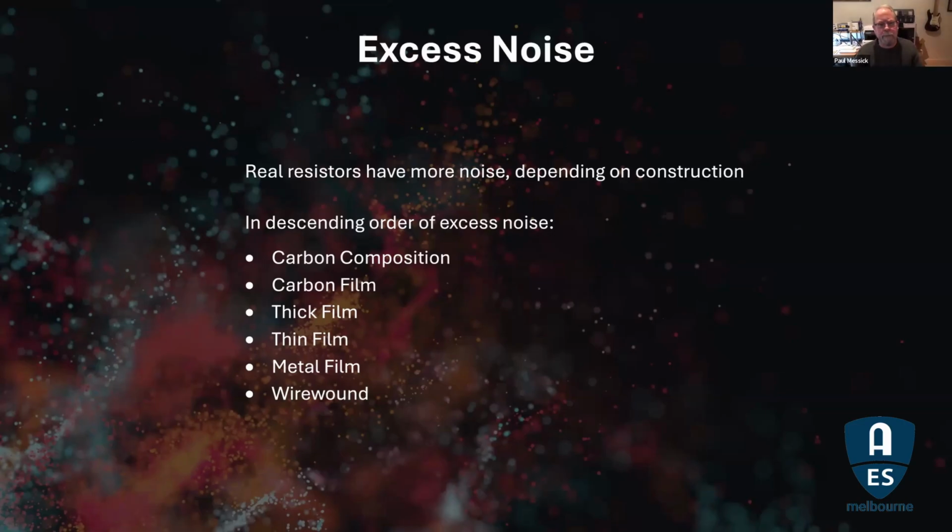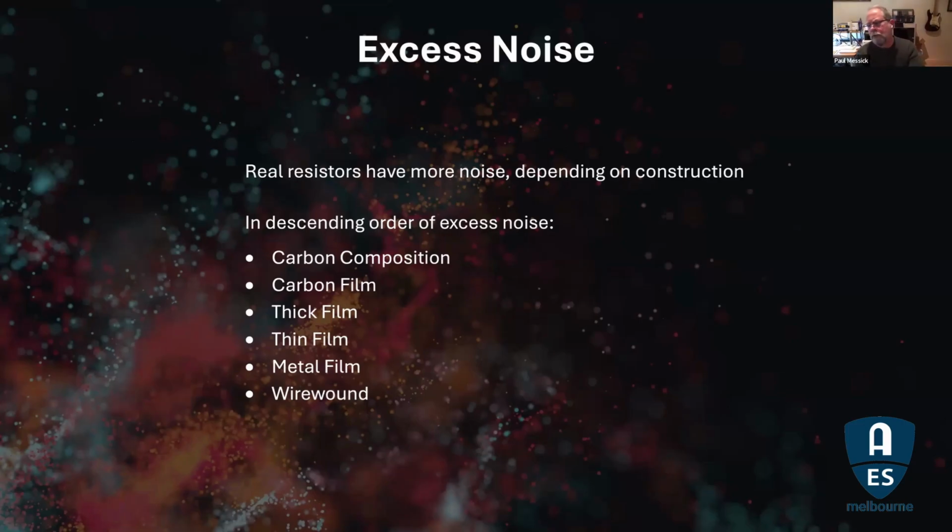Those are pretty terrible for excess noise. Carbon film, much better, not perfect. Thick film, which is surface mount parts that you see very commonly, those are better, but still not ideal.